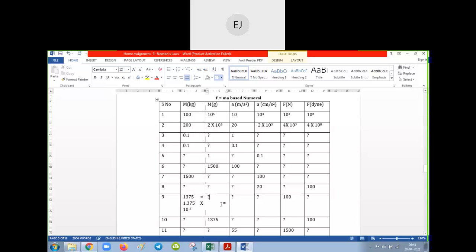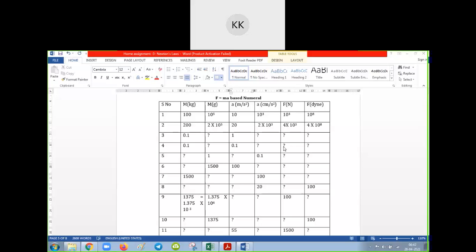So 1.375 times 10 power 3 is already there, so 10 power 3 into 10 power 3 is 10 power 6. So this is the answer in grams.